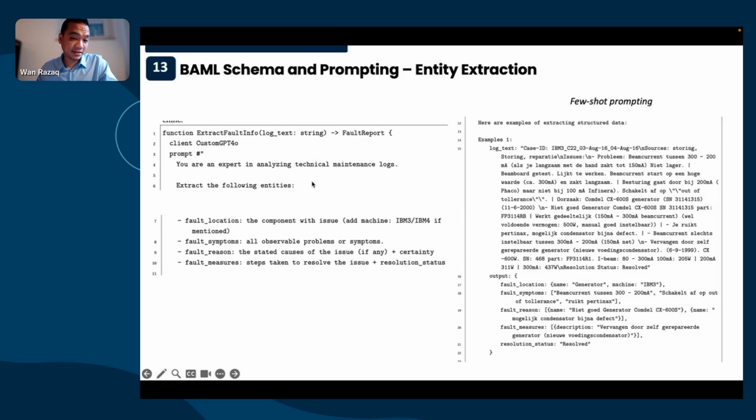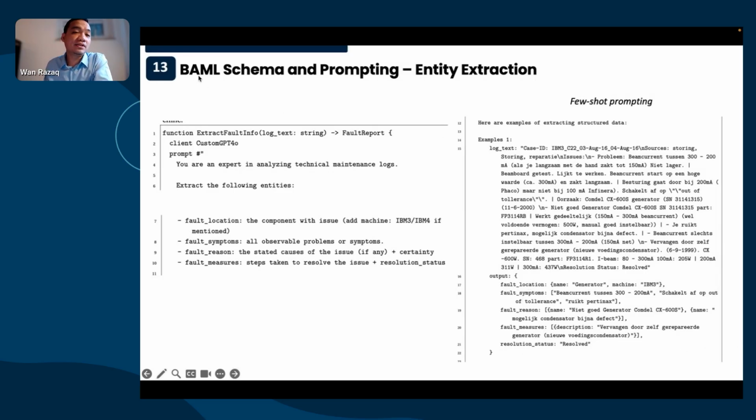Extract the following entities: fault locations, fault symptoms, fault reason, fault measures. Then here are examples of extracting structured data. I give examples from the 5 cases that I annotated before, written in Dutch, along with the target entities from the examples.